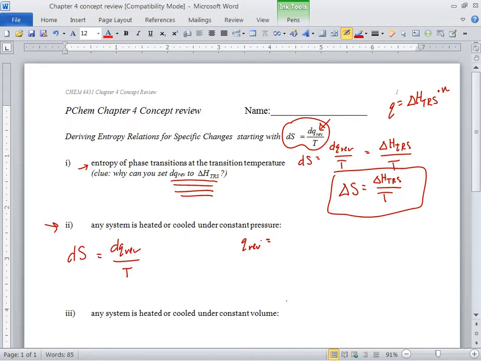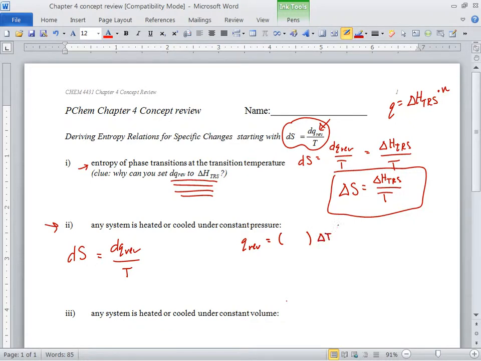If you want to find heat under some process under constant pressure, and we're talking about gases, that's all we ever really talk about. What did we have for gases where you multiplied this constant pressure parameter times the change in temperature?